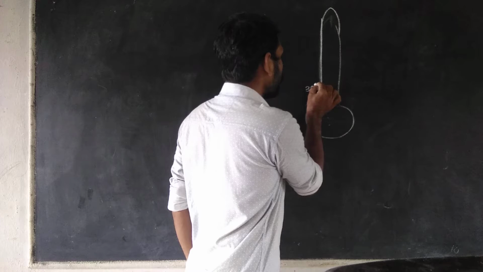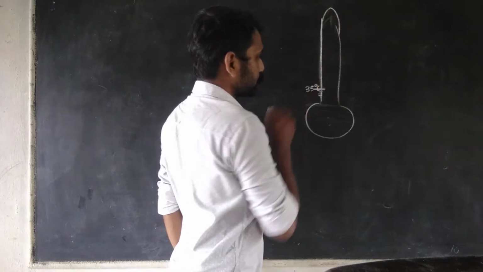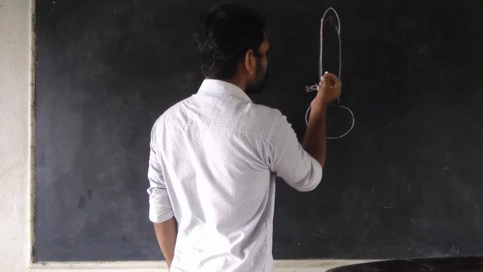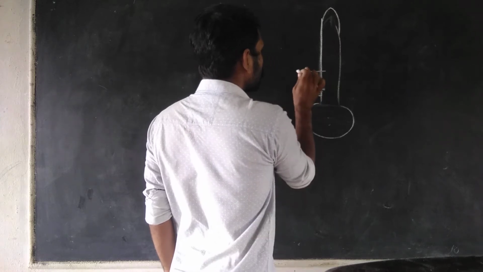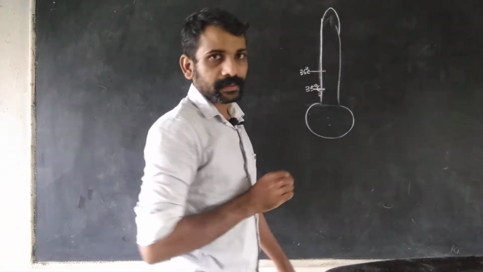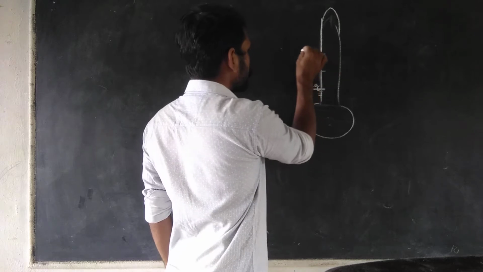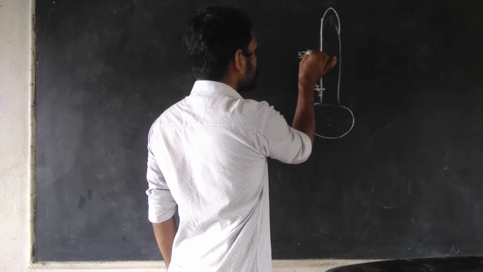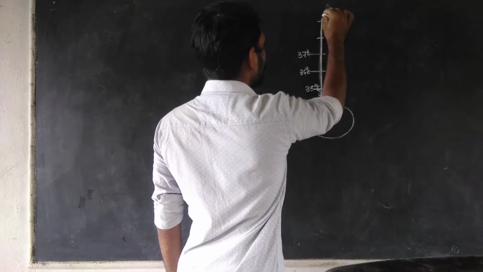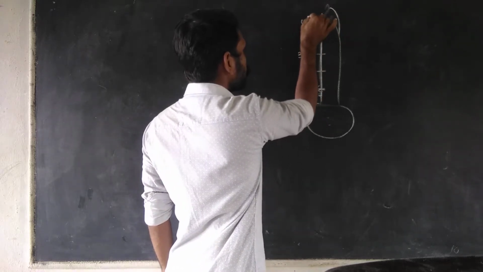So the lowest value is 35 degrees Celsius, then 36, 37, 38, 39, and last up to 42 degrees Celsius.